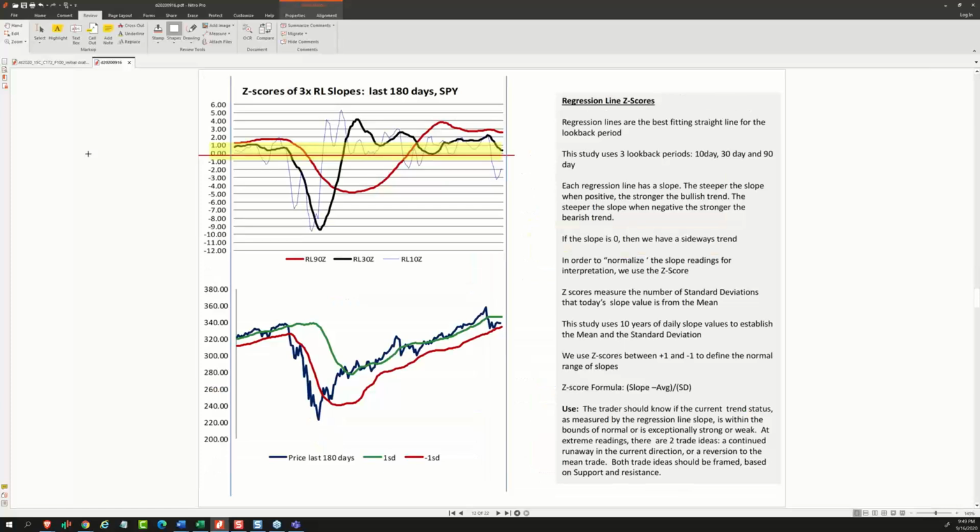Okay, that's everything I got for you. Critical state holding support. Slope of the RL10 turning after a 3 sigma adverse move, and the slope of the 30 back to the long-term average, and the long-term stable bull still in effect. Okay, that's what we got.